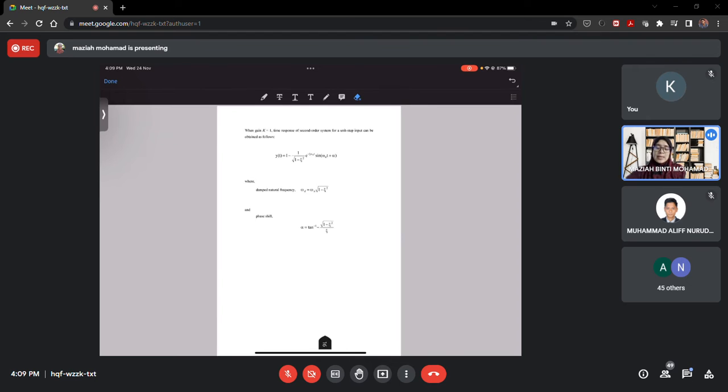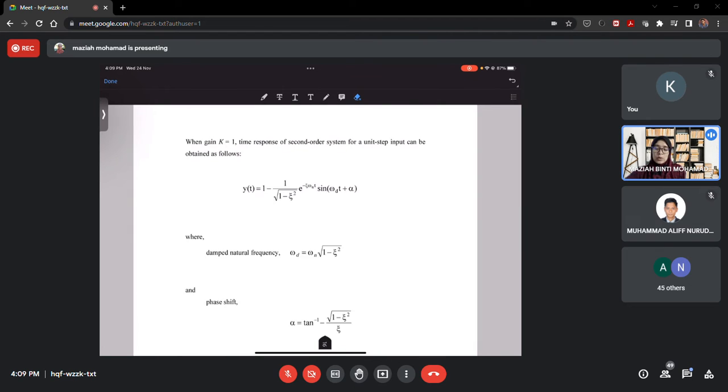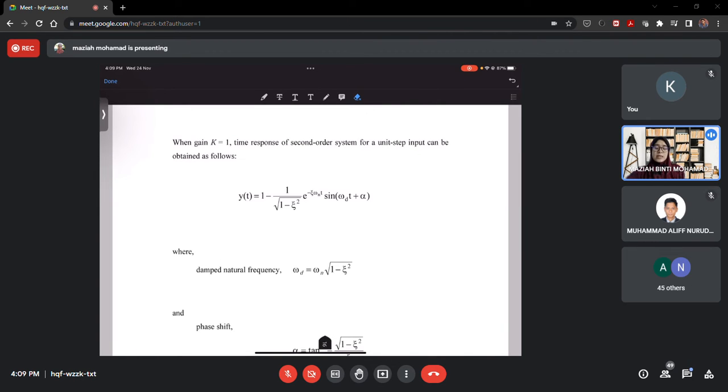Basically the time response equation has been derived here, for the same system just now, where we consider k equal to 1. The derivation has produced this equation as the time response equation for the second order system.